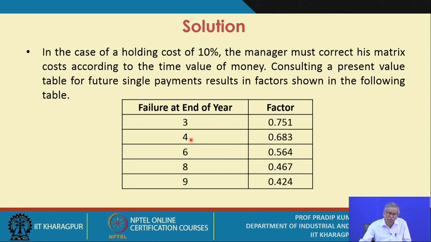Similarly, suppose at the end of the 4th year you need to purchase a compressor with a value of $1,000. So, what is its present value? For present value computation, you need to use this particular factor, that is 0.683 into 1000. Okay. So, the same rule will follow for failures occurring at different time periods.